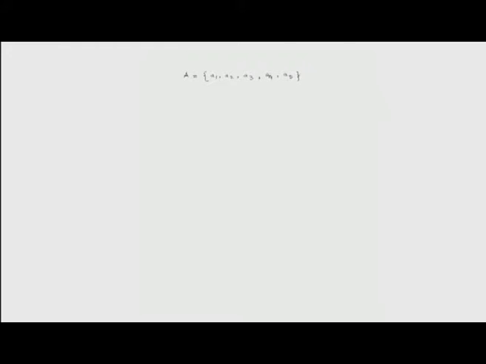We take a particular relation which is given by A1 comma A1, then A1 comma A2, then A2 comma A3, then A3 comma A4, A3 comma A5, and lastly we have another element A4 comma A5. All right.